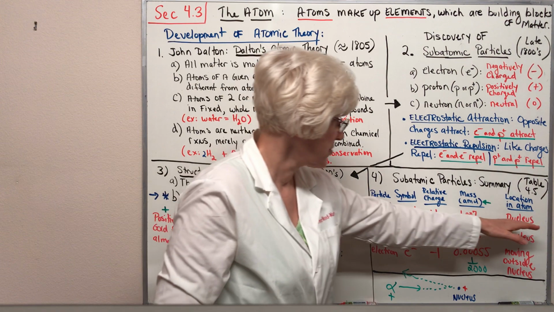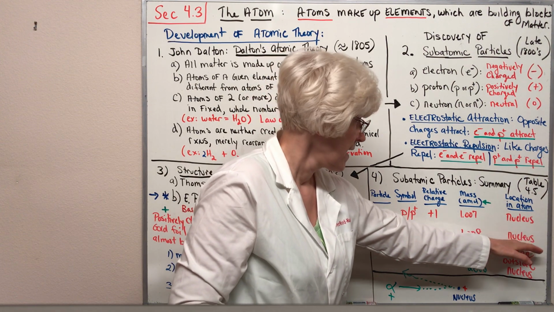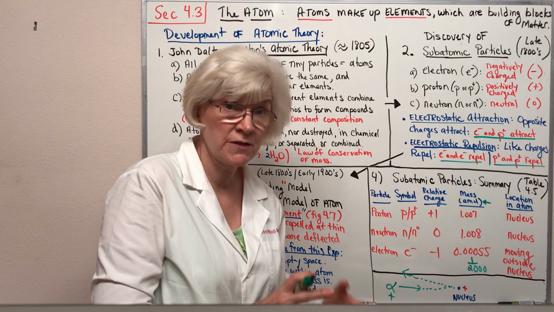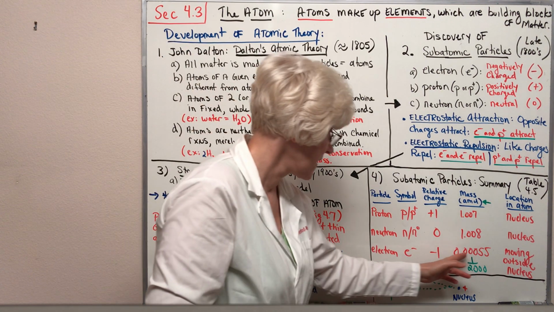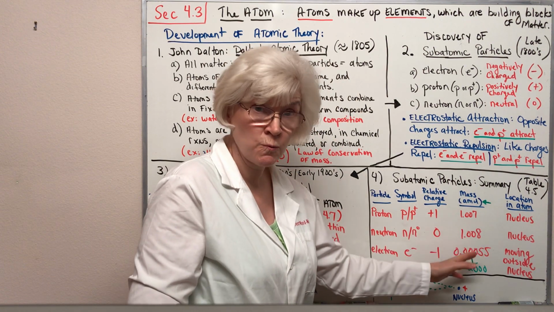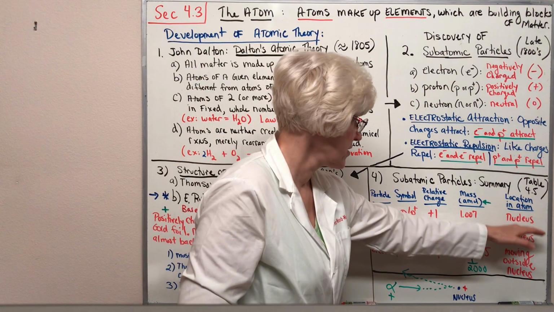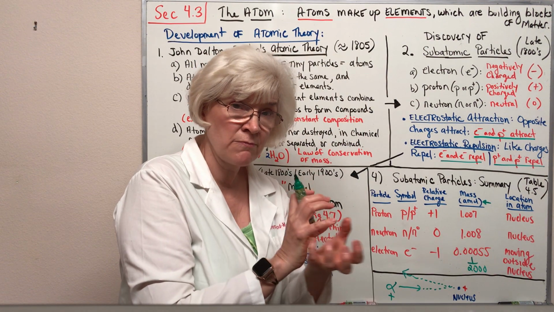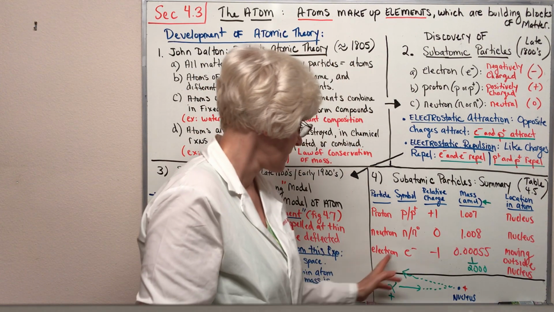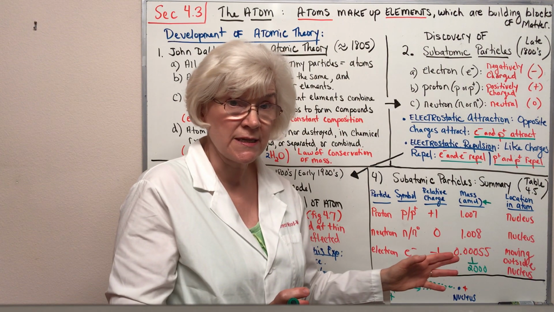The protons and neutrons are located in the nucleus, and collectively their mass in total determines most of the mass of the atom, because the electrons have such a small amount of mass relative to protons and neutrons. So protons and neutrons are contained in this very small volume, the center of the atom that we call the nucleus, and the electrons are moving around outside of the nucleus.